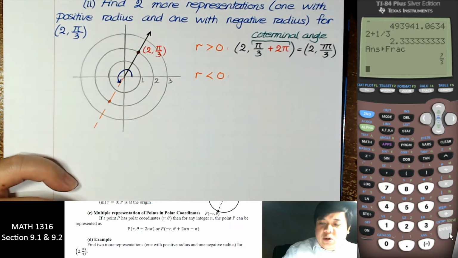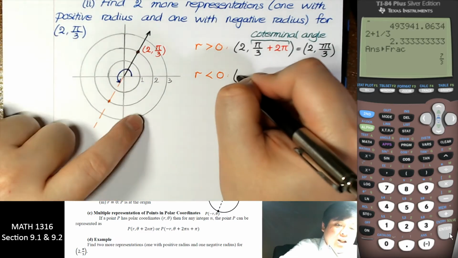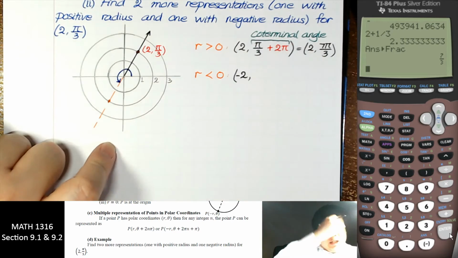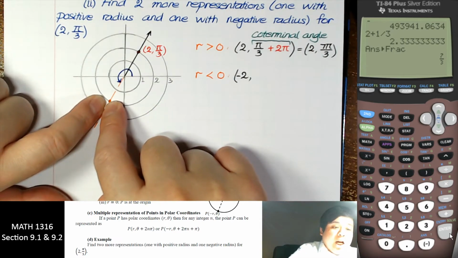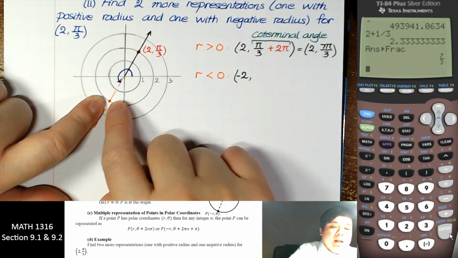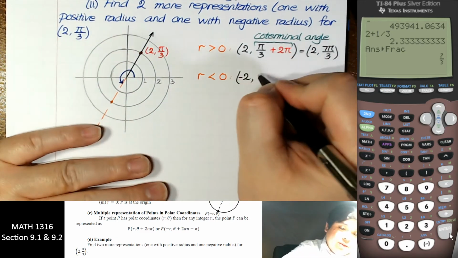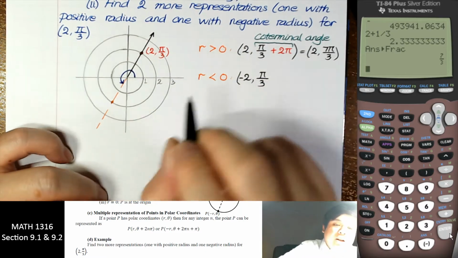Right. So, if we take r to be negative, but still have to be in this circle, it's going to be negative 2. So if we go negative 2, it's going to be in that. But remember, if we go in the opposite direction, and we start with a point here.